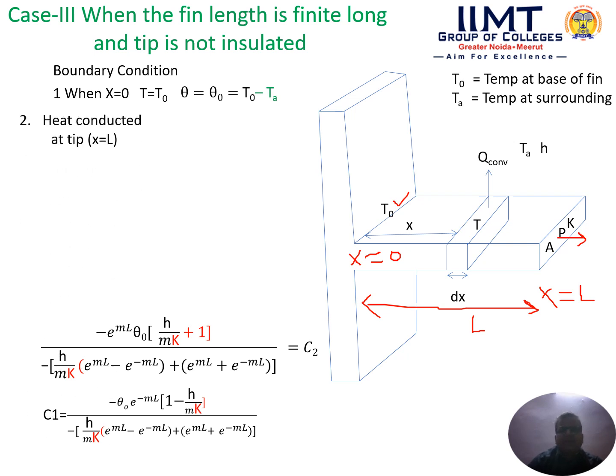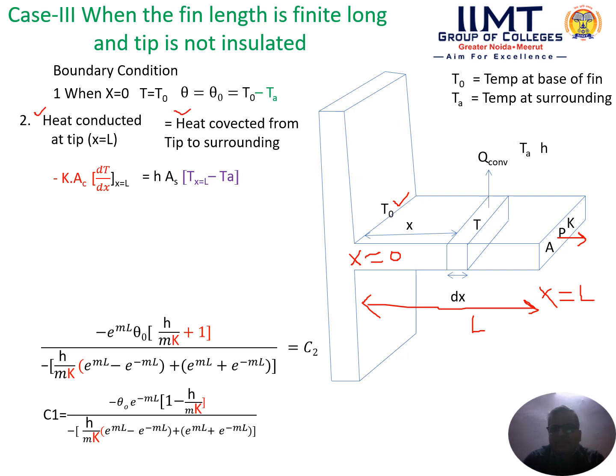That means at x is equal to L, the heat conducted at the tip is equal to the heat convected from the tip to the surrounding. This depends upon Fourier's law of conduction, and this depends upon Newton's law of cooling. Then by using Fourier's law of conduction and Newton's law of cooling, we can easily get the boundary condition.